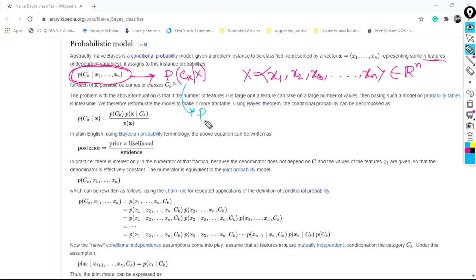The English meaning is the probability of... One thing I mistakenly missed here: we also have the class label, that is Ck.